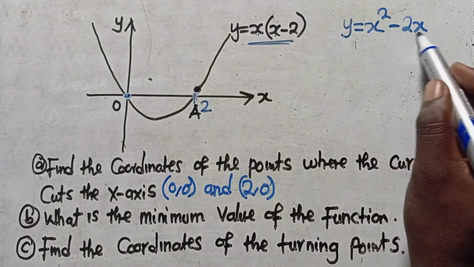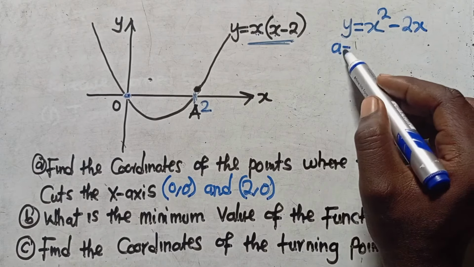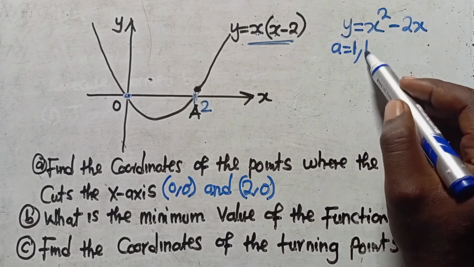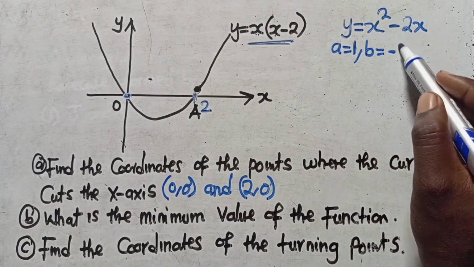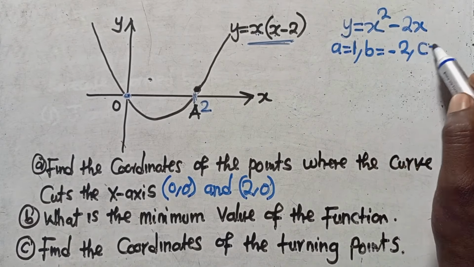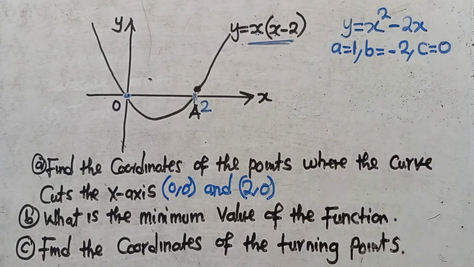Where you know that if it is written like this, a is 1. What is b? b is negative 2. What is c? c is not given, so c is 0.